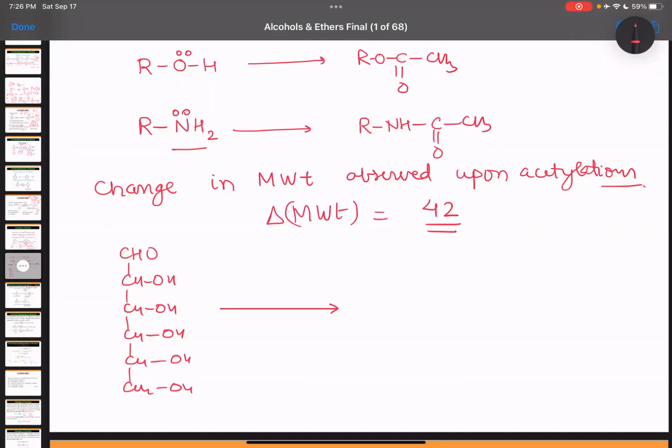Or 1 mole of glucose will consume how many mole of acetyl chloride? With that you can use.